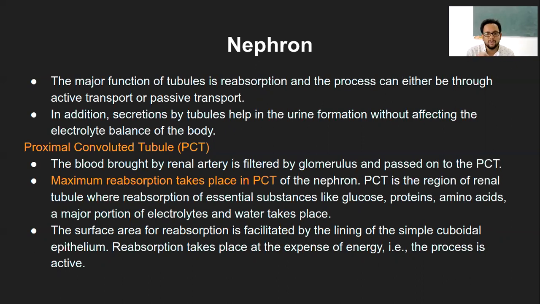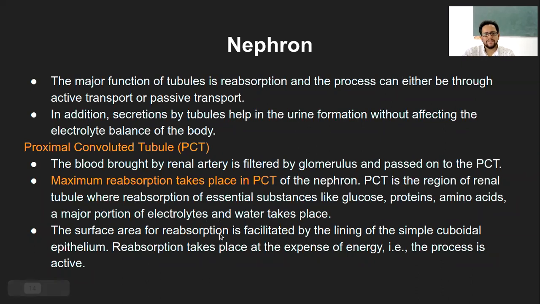So all of that glucose has to be reabsorbed from the PCT, and that is the first step. So the PCT is the region of the renal tubule where the reabsorption of essential substances like glucose, proteins (not big proteins, these are very small proteins), amino acids and a major portion of the electrolytes and water takes place. So all of these molecules are being reabsorbed in the PCT.